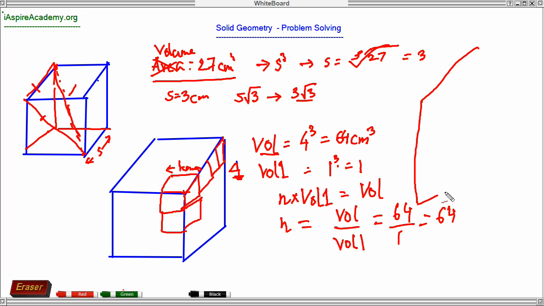Let's assume this is one surface of the cube. And let me choose a different color. And then if you think, these are the smaller cubes. If this is 4, there would be 4 such cubes along each side.